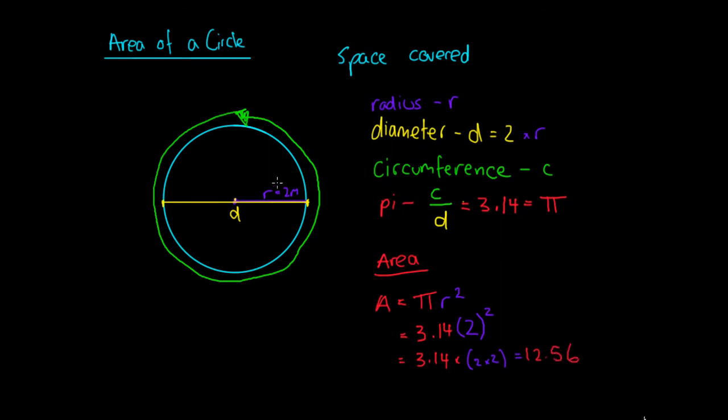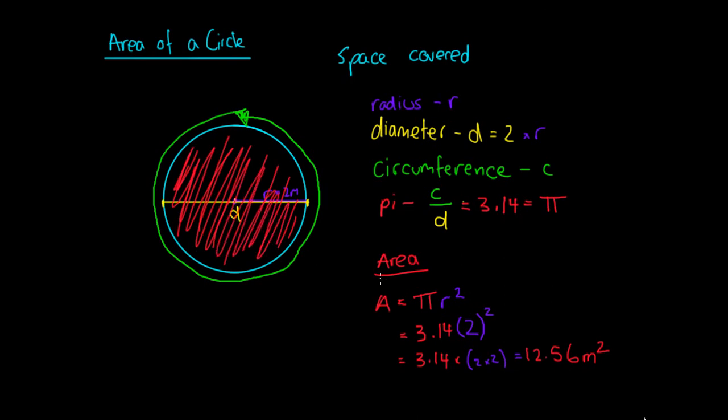And remember, because our units are in meters and we're talking about area, this has to be meters squared. That's really important. If we measured the total area covered by this circle, so if we shaded in this bit here and measured all of that, we would find that that red bit covers 12.56 meters squared.